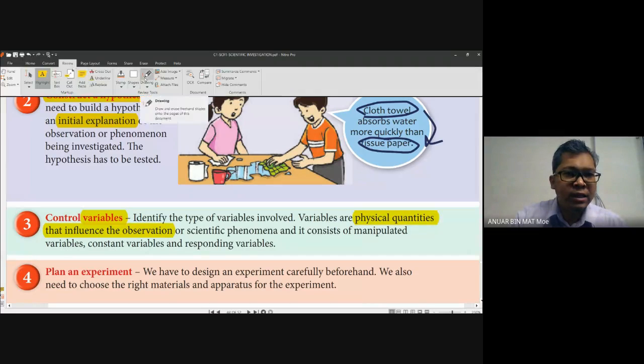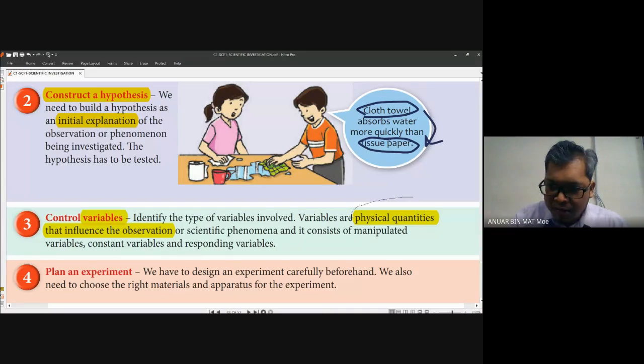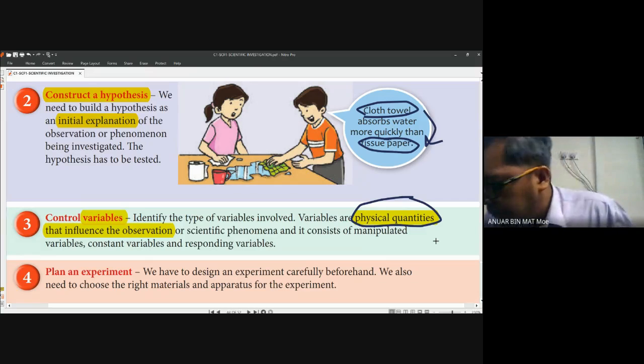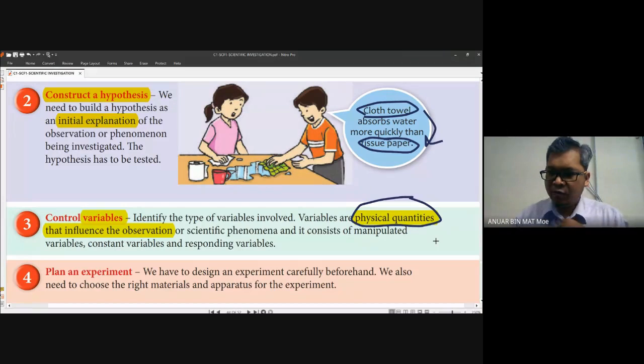Physical quantity. Okay, you still remember what is physical quantity, class? We already learned this. Anybody can tell me the example of physical quantity? What is the example of physical quantities?